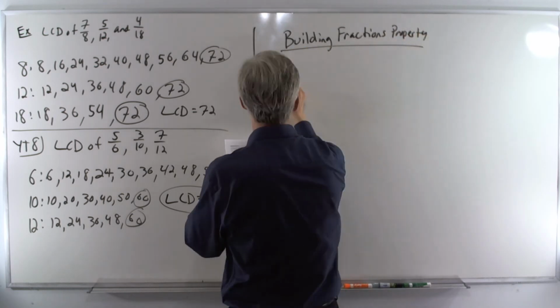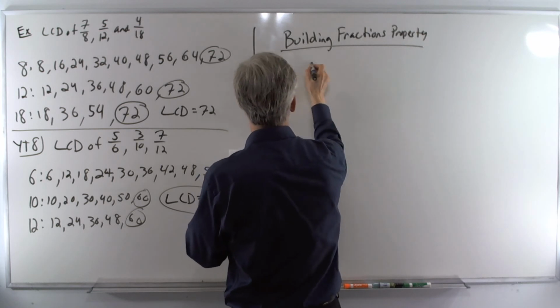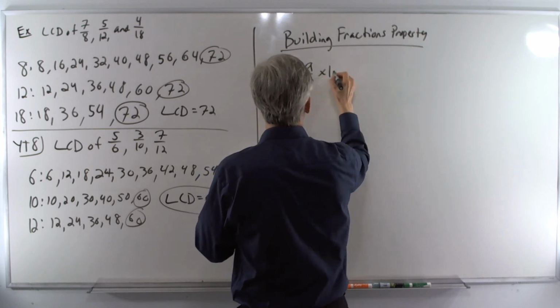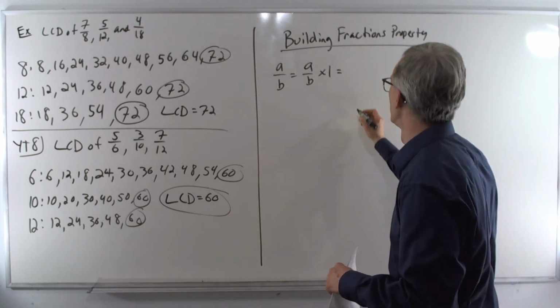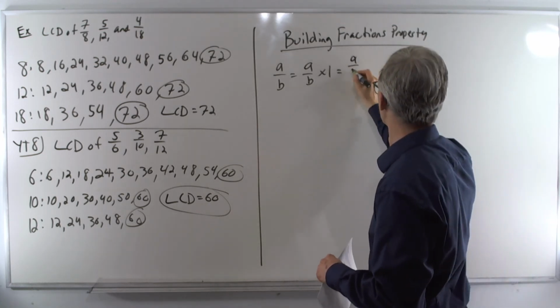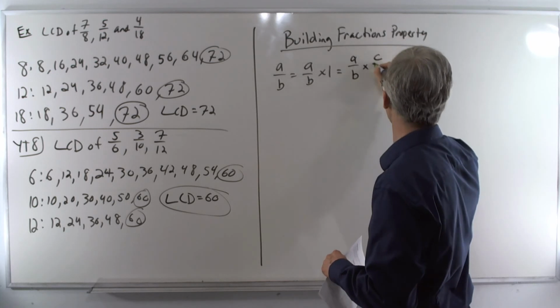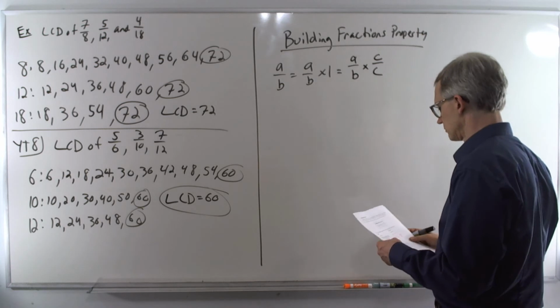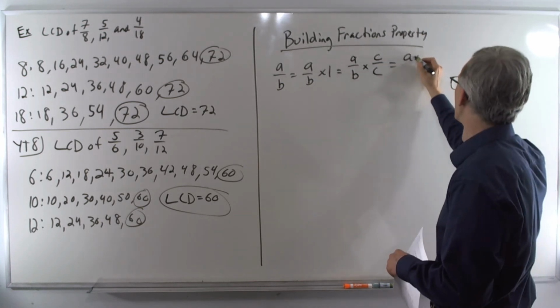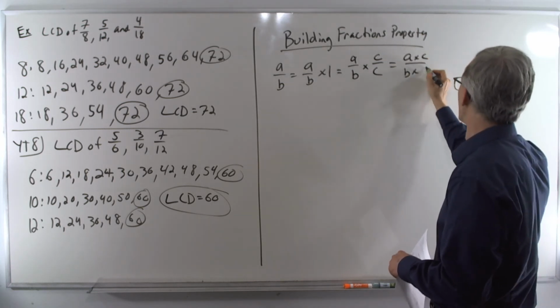Alright, so we take any fraction, we can multiply by 1, doesn't change anything, still equal. And then we're going to rewrite 1 as some number over itself. I'm just going to call it C for right now, because we don't really know. Then we get a new fraction.